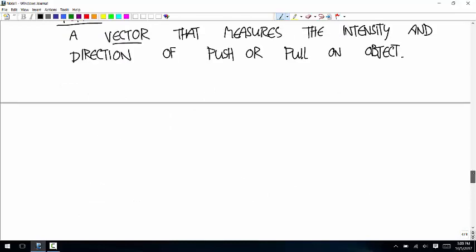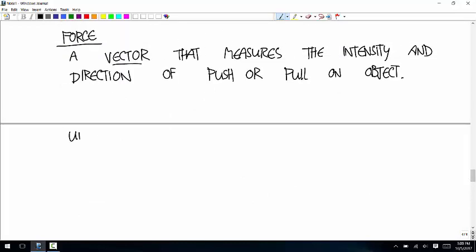The units of force are units of mass times length over time squared.